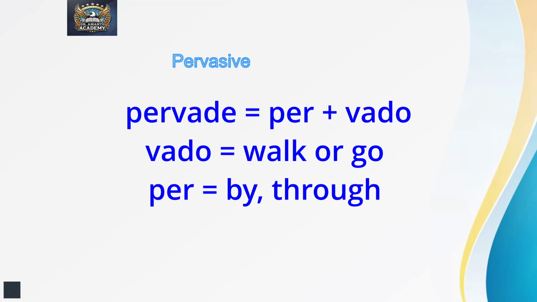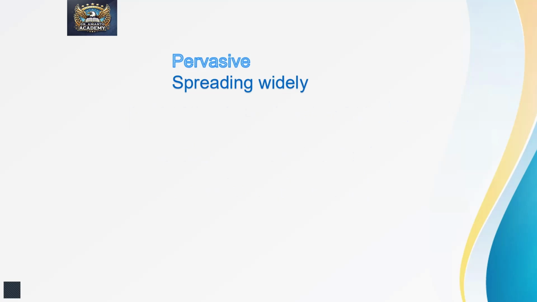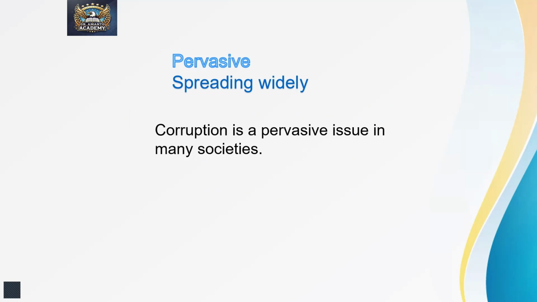The verb form of this adjective is pervade. Pervade means to spread. Corruption is a pervasive issue in many societies. So pervasive issue or pervasive corruption in the society means corruption is everywhere.